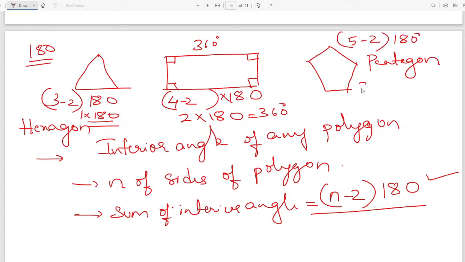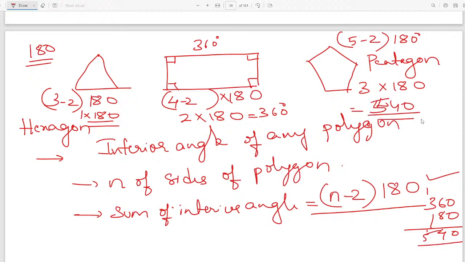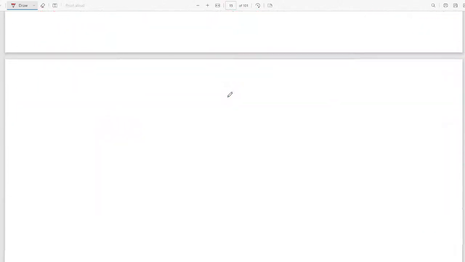This is 3 into 180, which is equal to 540.